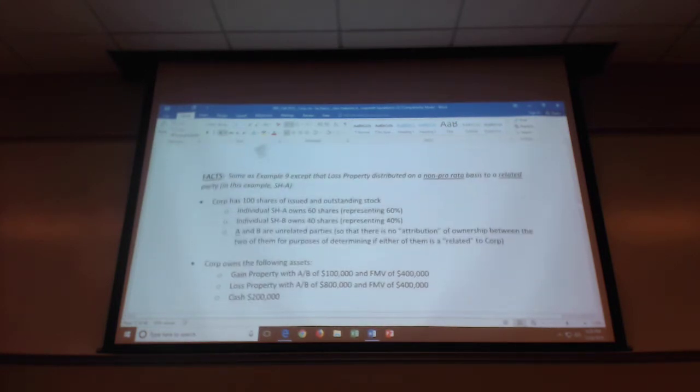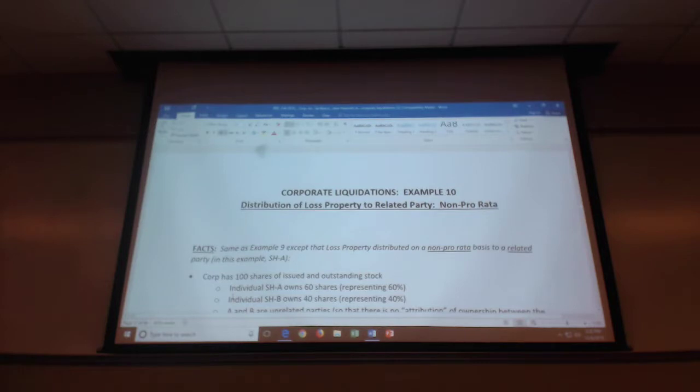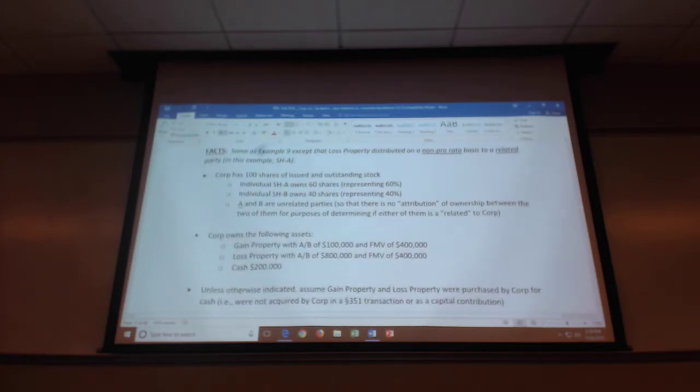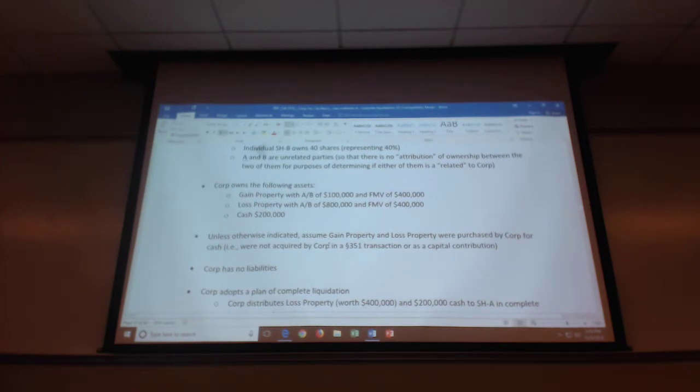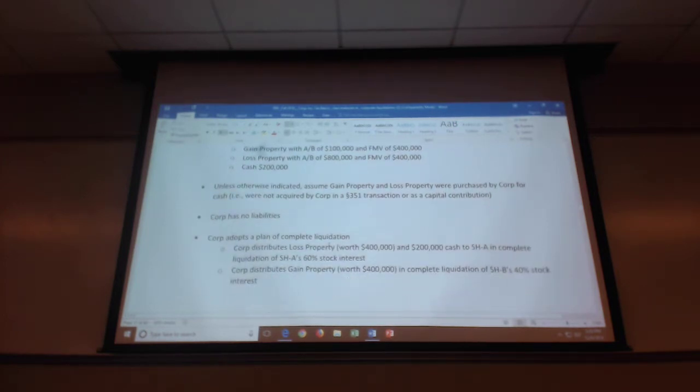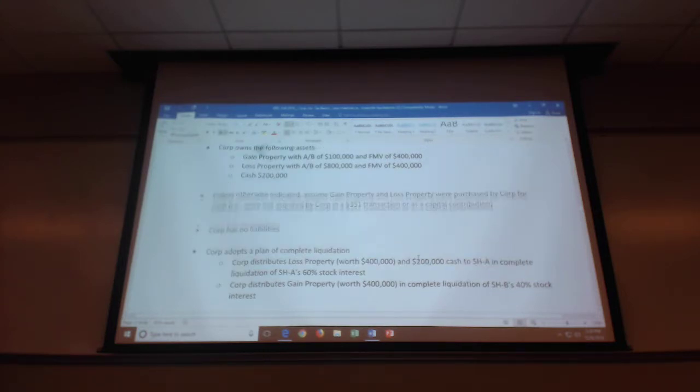So let's look at some of these complicated loss disallowance rules. Example 10 on page 17. Here's where we have a non-pro rata distribution of loss property to a related party. We have the same facts regarding the assets owned by the corporation. And we're assuming that the 40% shareholder, A, I'm sorry, he's 60%.